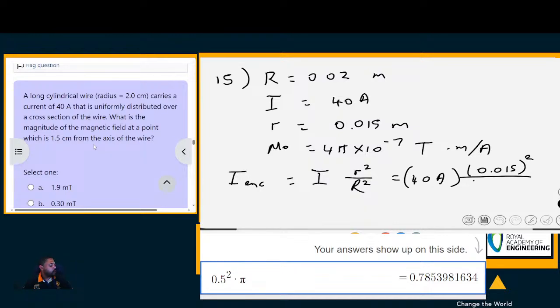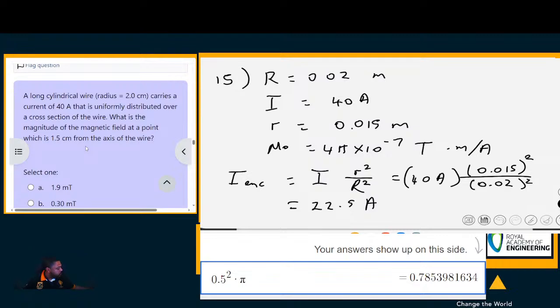Don't forget to square, and then the total radius is 0.2 meters, and you square that as well. And then you will have the enclosed current is 22.5 amperes. So the current enclosed at a distance of 1.5 centimeters is 22.5 amperes. So now we have the current enclosed.